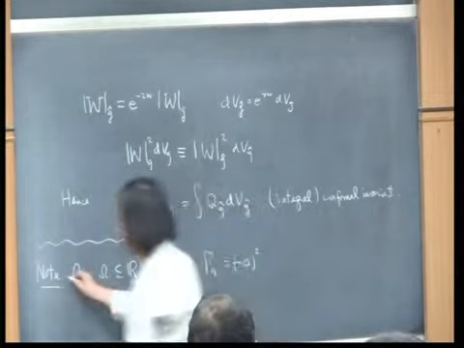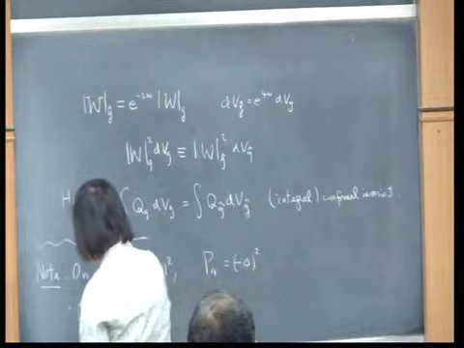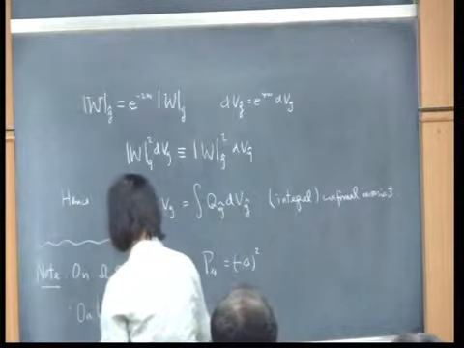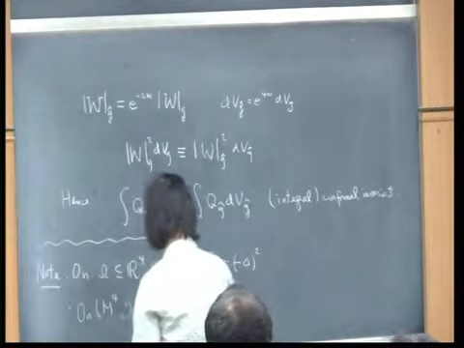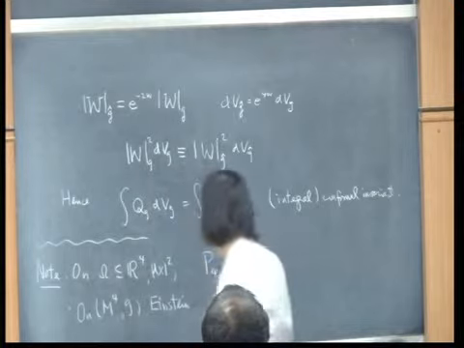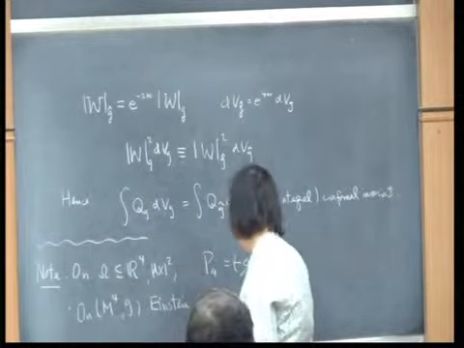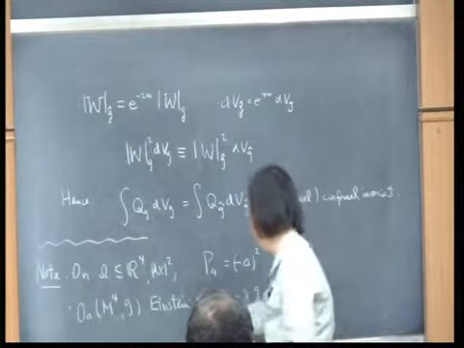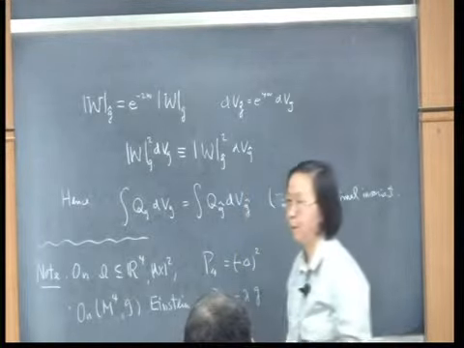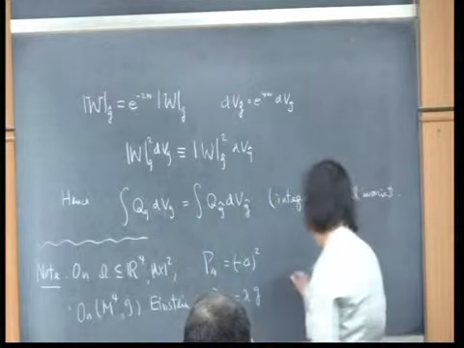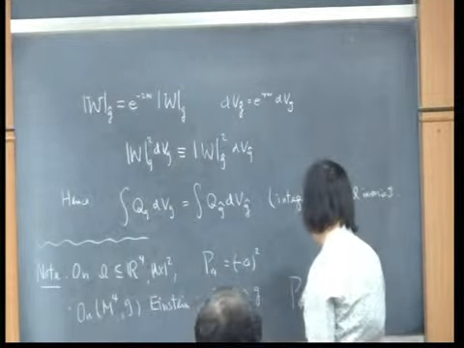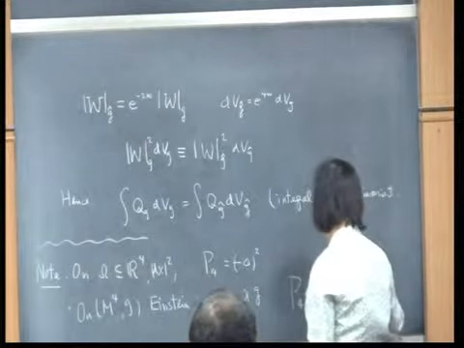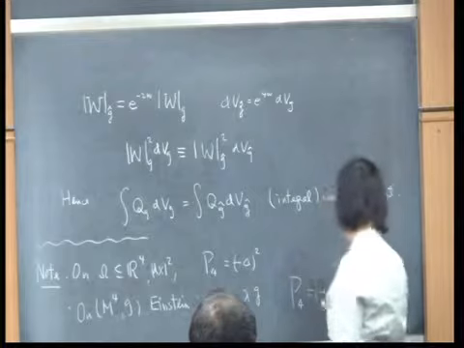Another typical example is on M4, if this is an Einstein manifold. That means the Ricci of G is equal to lambda times G. In this case, this P4 operator turns out to be the conformal Laplace operator composed with the Laplace operator.